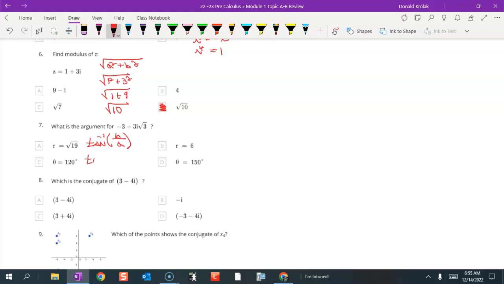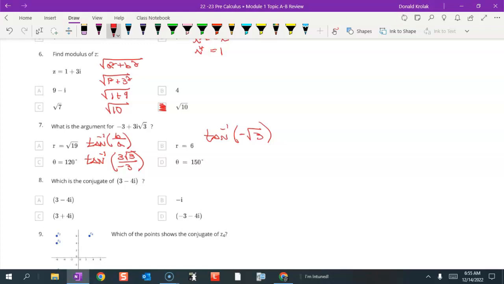So this is going to be the arctan of 3 root 3 over negative 3, and that simplifies to the arctan of negative root 3. Then we'll go to our unit circle and find that.